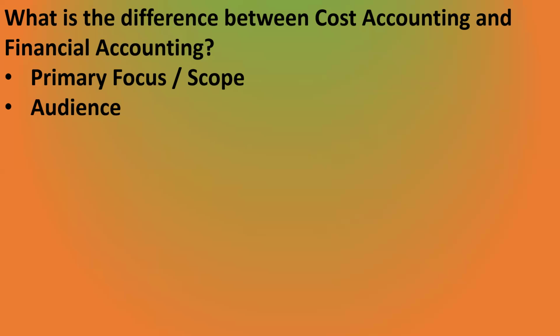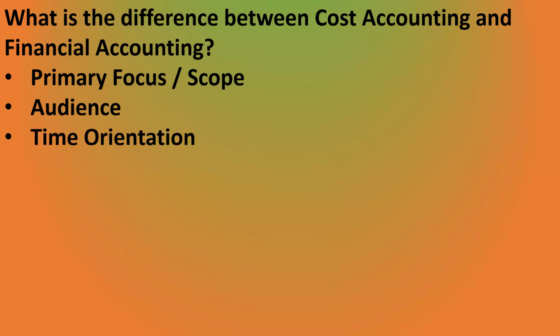Among external users, we have shareholders, creditors, and different regulatory authorities like the income tax authority, for example, FBR or Federal Board of Revenue, or SECP, that is the Securities and Exchange Commission, and so on. So, cost accounting is for internal users, whereas financial accounting is for external users.